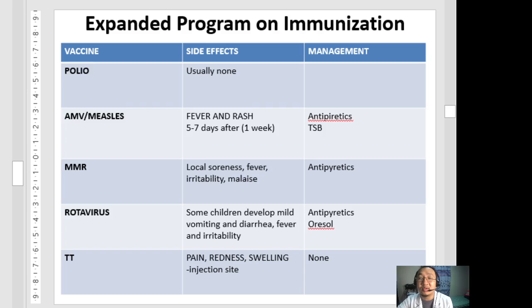So I hope we have maintained that, especially last year, or 2 years ago, there were reports that there were cases of polio, but we hope it was controlled really, and we are still on the maintenance of a polio-free Philippines.